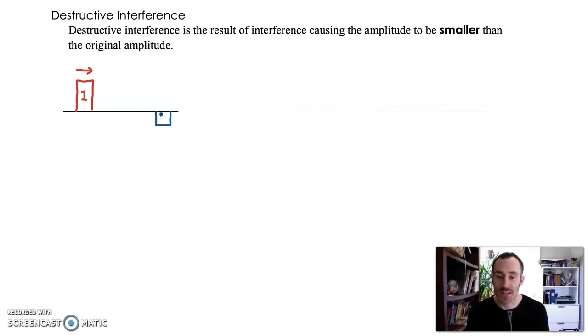And it has a height of 1, or you could think of it as negative 1. So this would be an energy of positive 2, and this would be an energy of negative 1. And so you can imagine what's going to happen when they interfere with one another in the middle. When they reach the middle, you've got an energy of positive 2 combining with an energy of negative 1.